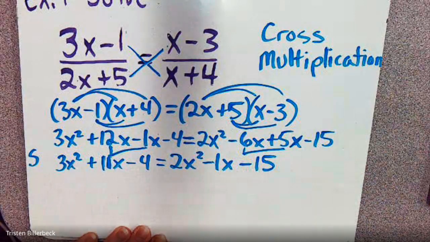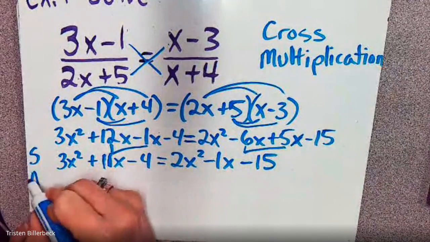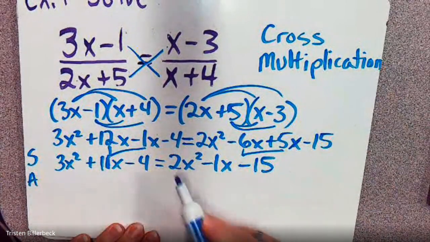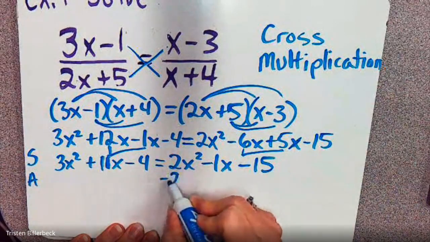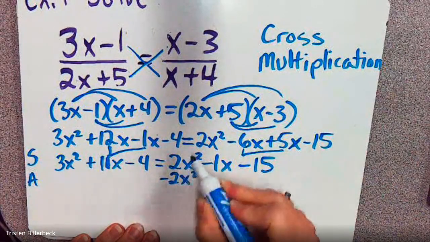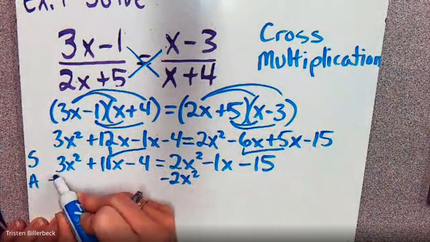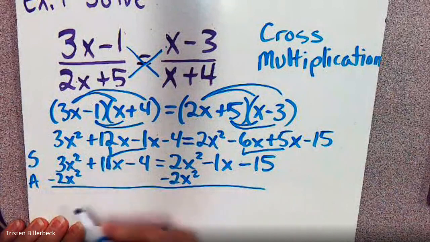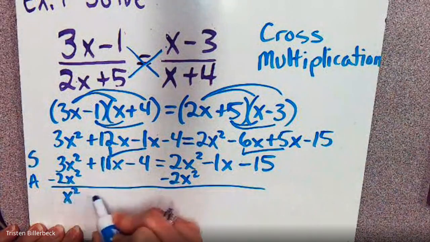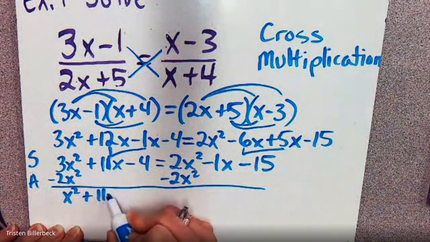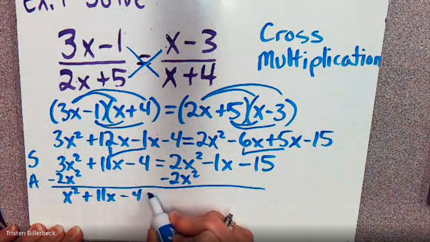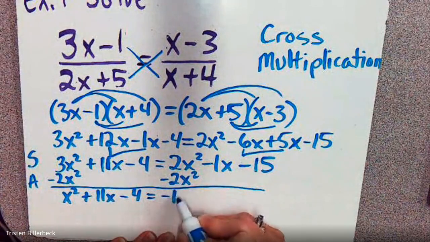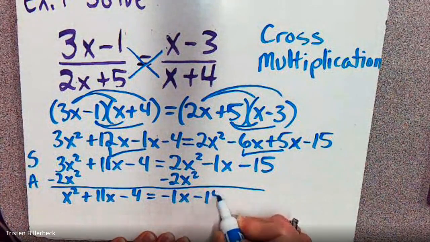Okay, so we finished simplifying. Now we're going to use an additive inverse. This 2x squared is bigger than this one, so let's move it over by putting a negative 2x squared there and over there. So we have x squared plus 11x minus 4 equals, that's 0 now, so we have negative 1x minus 15.